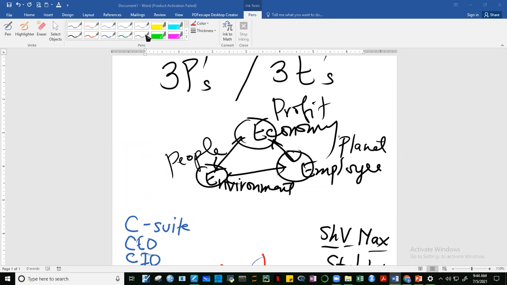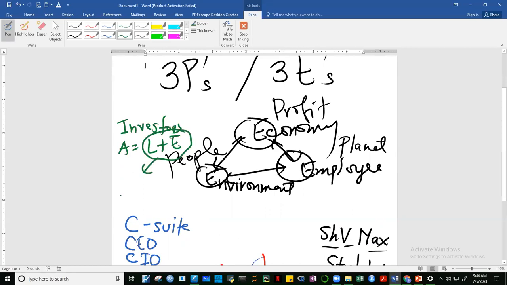Ito yung the externals are investors. Diba? Galing yan sa basic accounting equation, assets is equal to liabilities plus equity. Ito, guys, ito yung investors natin. So, sino-sino sila? Ito yung mga nagpapautang, no?